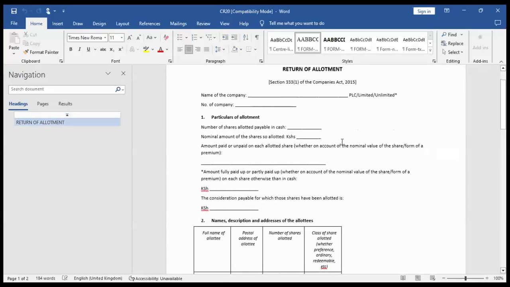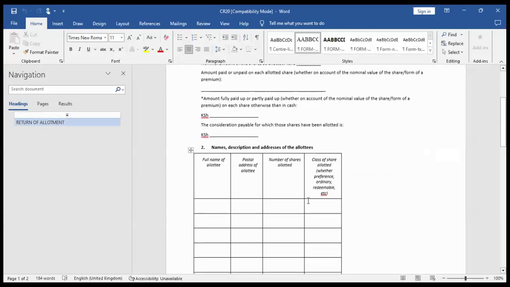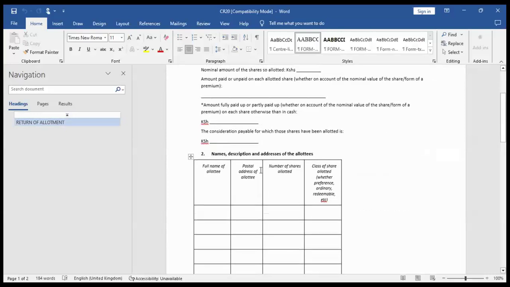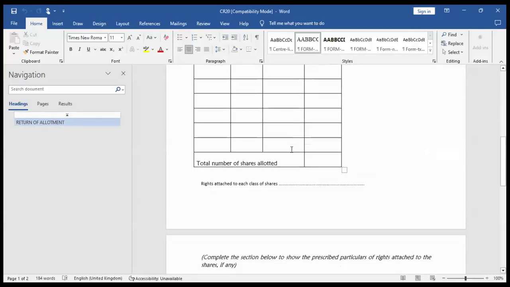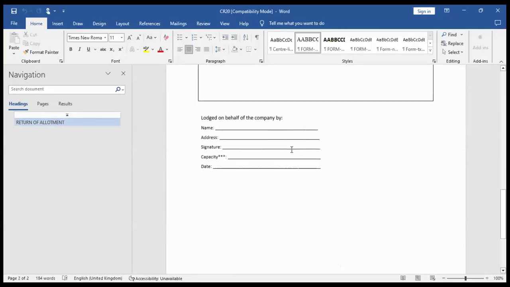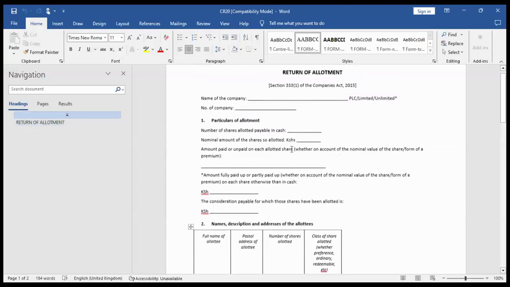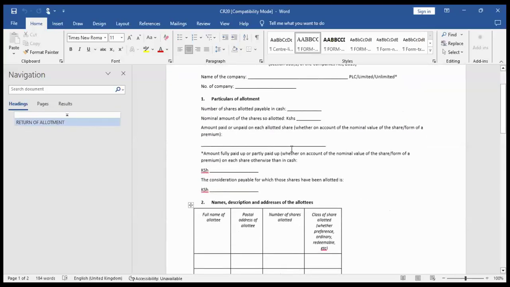Name of the company, particulars of the allotment, number of shares allotted, payable in cash, nominal amount of shares allotted. Full names of the allottee. Where do you write the names of the sisters? Is it in the particulars?